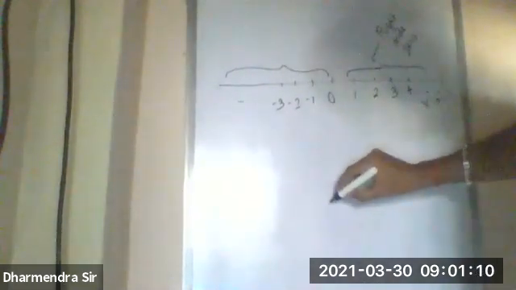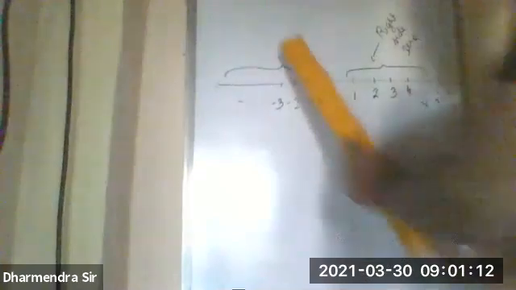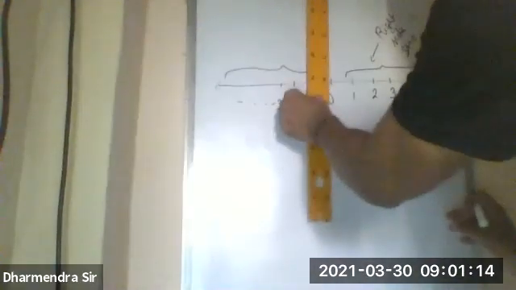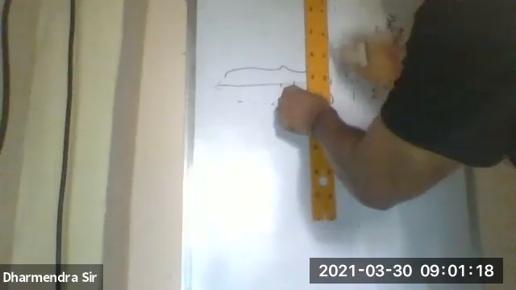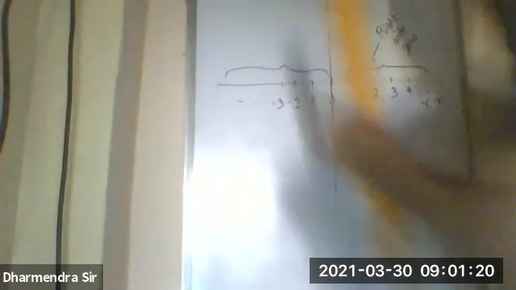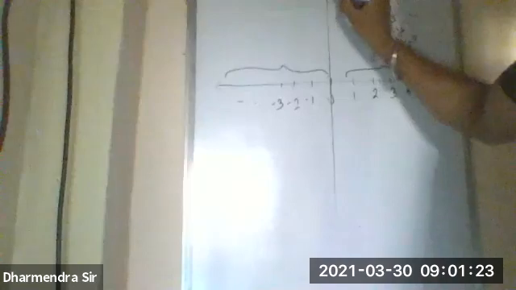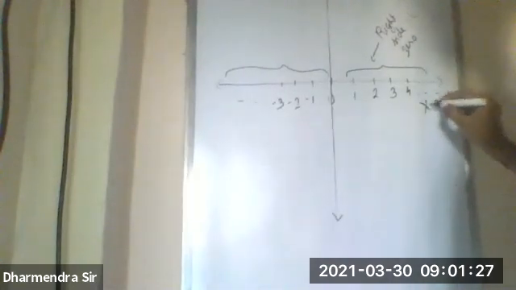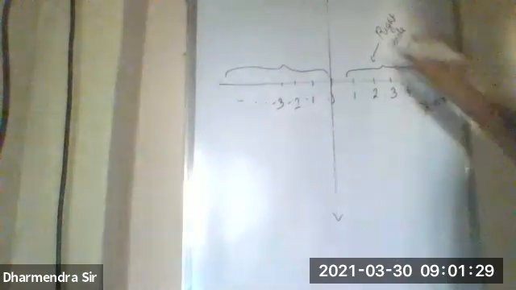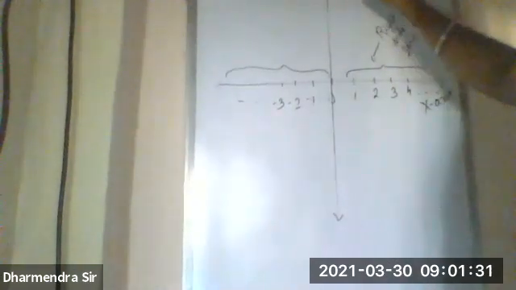Say, I will draw a straight line. So this is the x-axis and this is the y-axis.